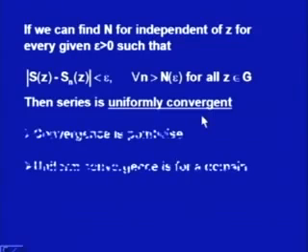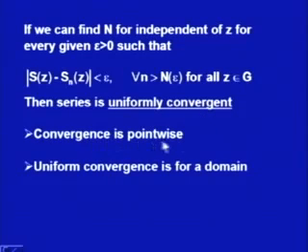So, convergence is pointwise; that means we say the series is convergent at z equal to a. Uniform convergence is for a domain, so we can find the capital N irrespective of z in that domain.